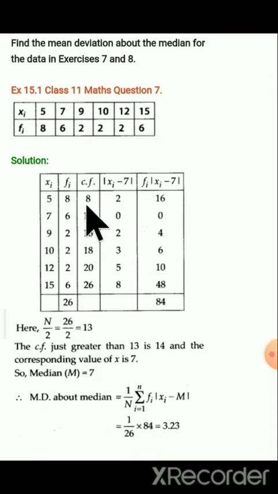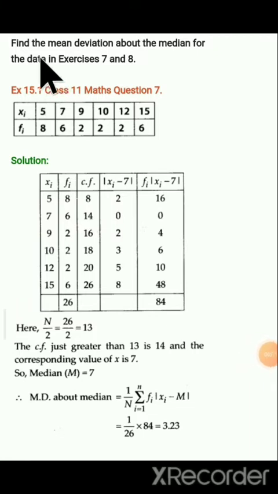So first put this table, that is xi, fi, cumulative frequency, next |xi minus 7|, next fi into |xi minus 7|. So here first find out the value of cumulative frequency. So first we have to write first term as it is.